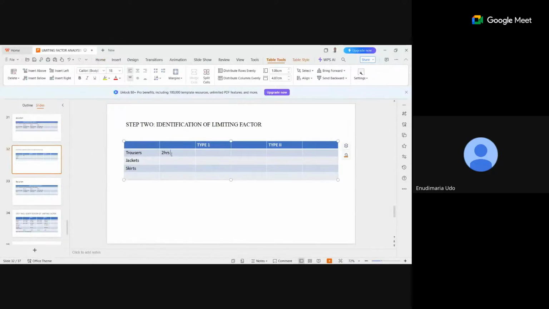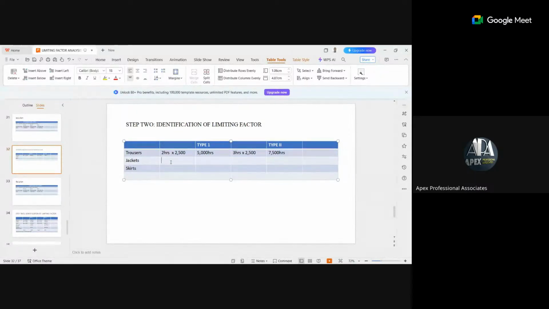Fine. So how many hours are we going to use overall? 5,000 hours, on type 1 machine. Now, on type 2 machine, how many hours do you need to produce 1 unit? 3 hours. Multiply by 2,500: 7,500 hours.